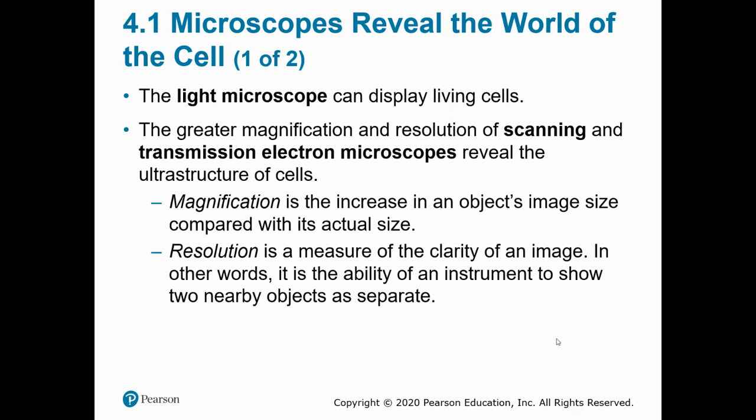Again, the book starts with microscopes, and really the only two important terms that we need to think about here is magnification, which is the increase of the object. But there's also an important measure, that's the resolution. Resolution is a measure of the clarity of an image. And you guys think of it as pixelation.